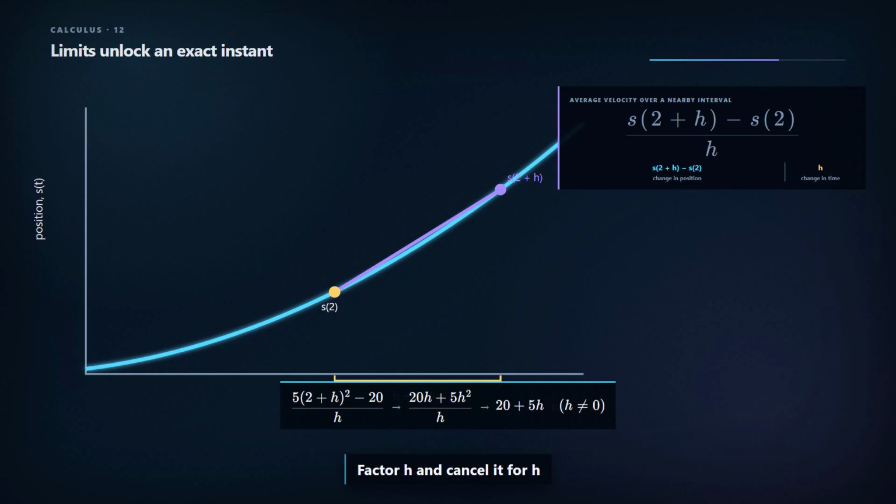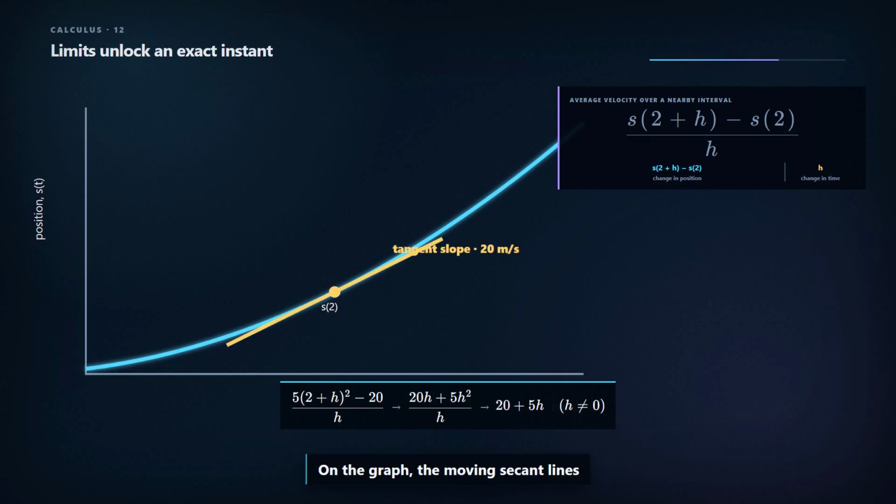Factor h and cancel it for h not equal to 0. The nearby quotient becomes 20 plus 5h. Now let h approach 0. From the right and from the left, those average velocities approach 20 meters per second.